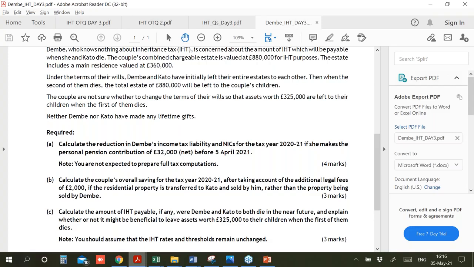Okay, for that I have to read the question, but what I know is that part C deals with IHT. So guys, you can see that it is a question which deals with all types of taxes: the inheritance tax, the capital gains tax, and the income tax, all three taxes. However, it clearly tells you separately which part relates to which requirement.